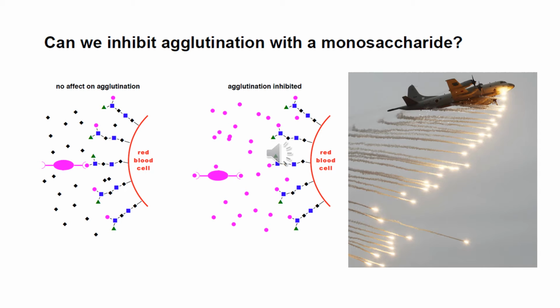Basically, the single sugar particle will be a decoy to occupy the lectin. The lectin eventually will miss the target.